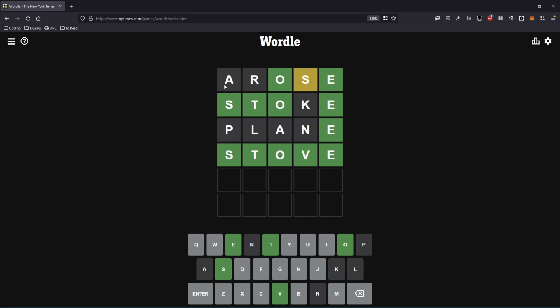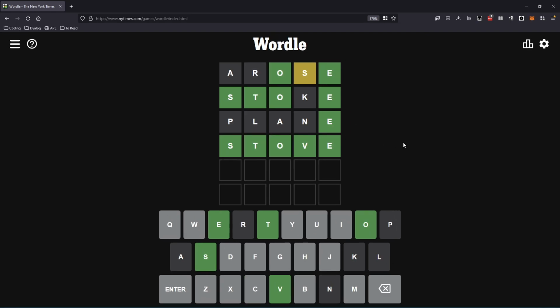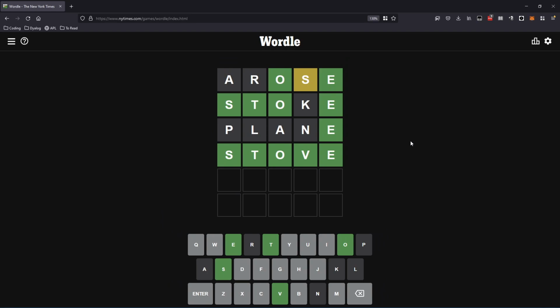So let's look at the first guess here of the sample game. I tried to make it larger, but then the keyboard takes over. So arrows. We've already taken care of the O and the E, so we know that when we are applying the WI subfilter, the O and the E have been taken care of, and we only have words that contain O's and E's in the correct positions.